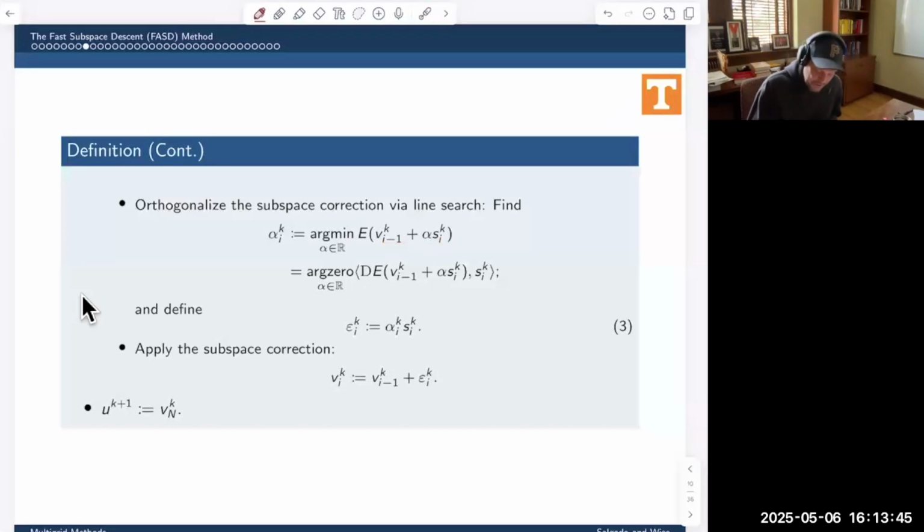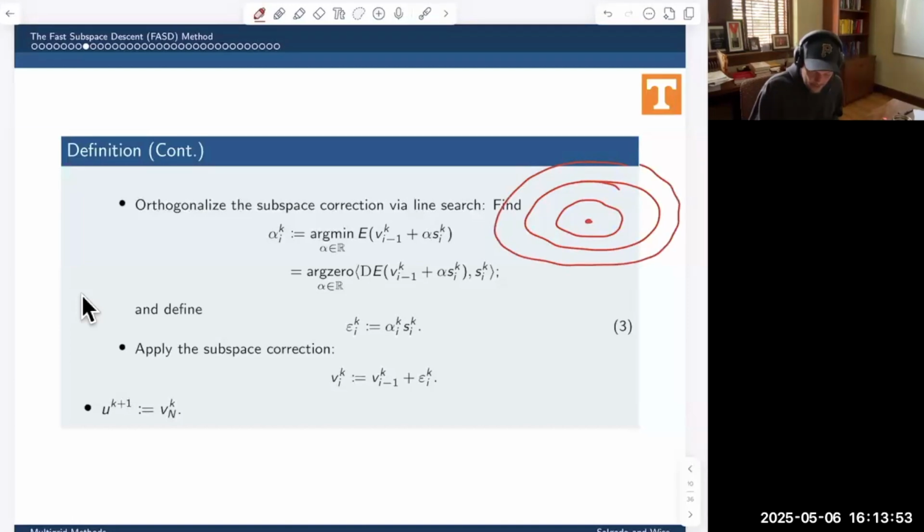So the picture of this is we're trying to get to the minimizer. And at the moment, we're here with Vi minus 1k, and we're looking along a search direction Sik. We're going to go along there until we reach the minimum of that energy section.